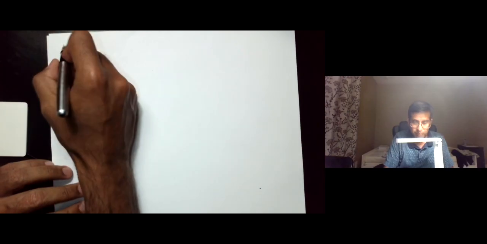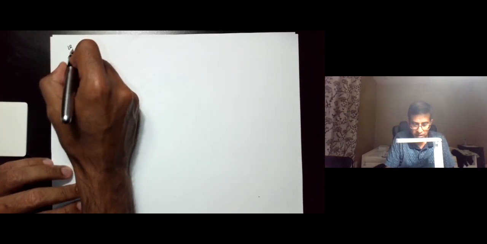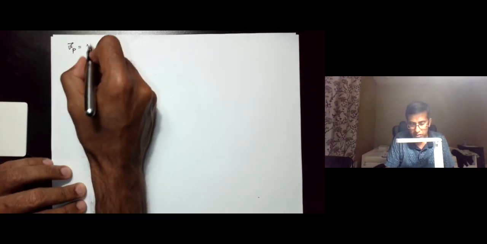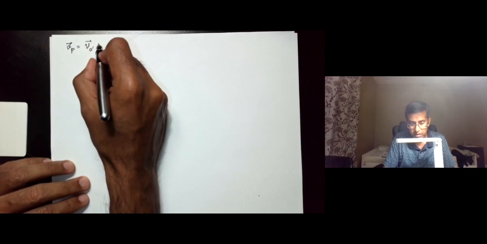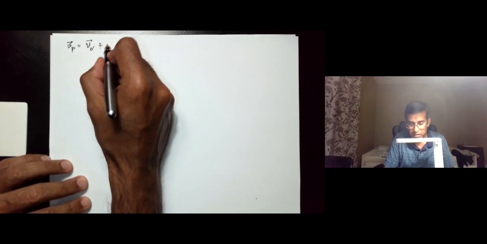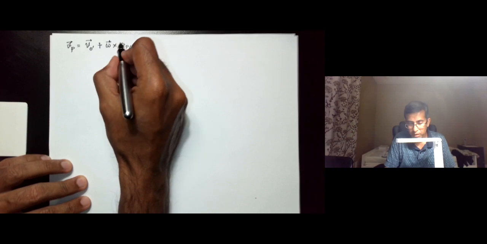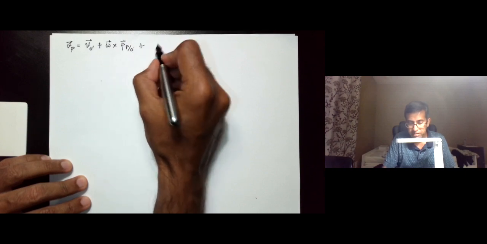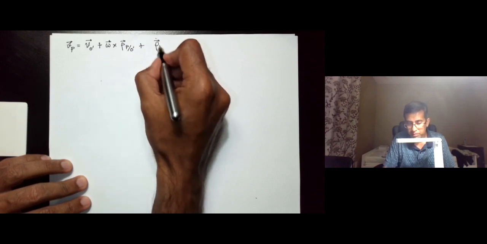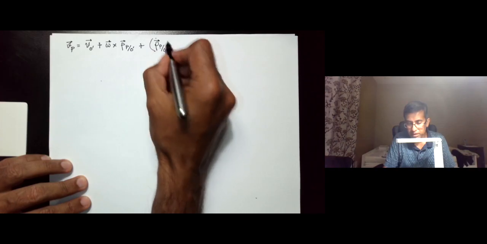Okay, so let's go ahead with our velocity calculations. So we will go with Vp is equal to Vo prime plus omega cross rho P with respect to O prime plus rho dot P with respect to O prime in the rotating frame.